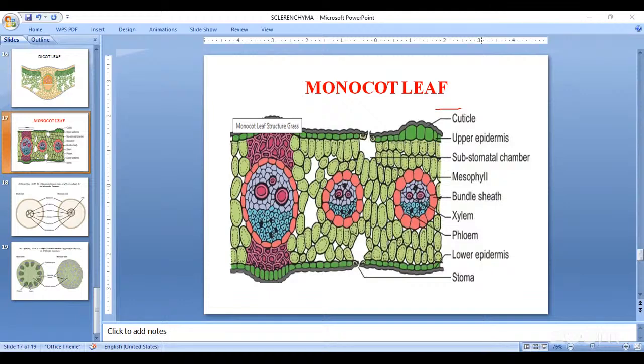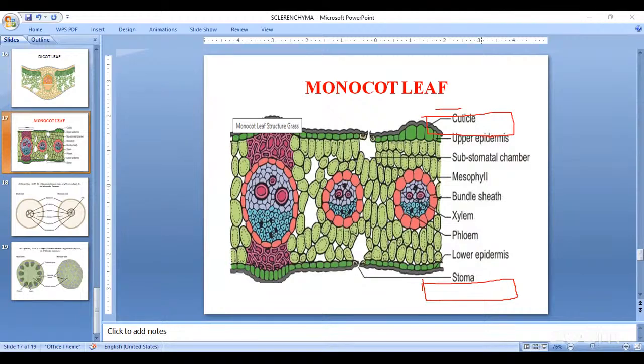First, in terms of epidermis, both dicot and monocot have the epidermis. Here you can see upper epidermis, upper side, as well as lower epidermis. So it is separated into two types, like dicot leaf epidermis.